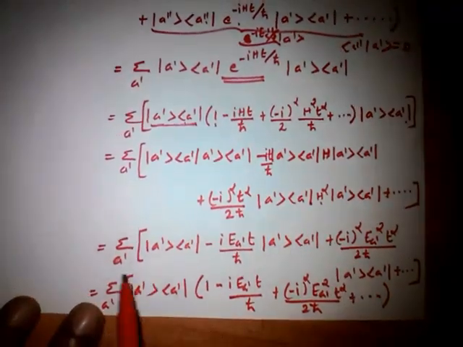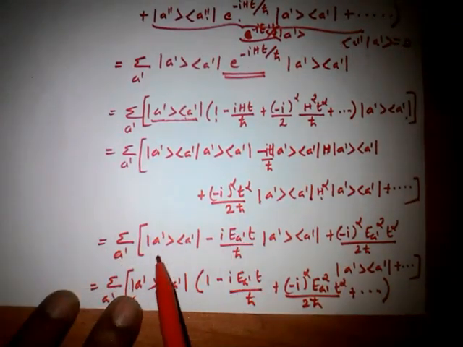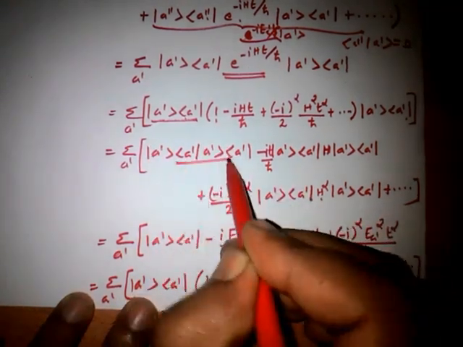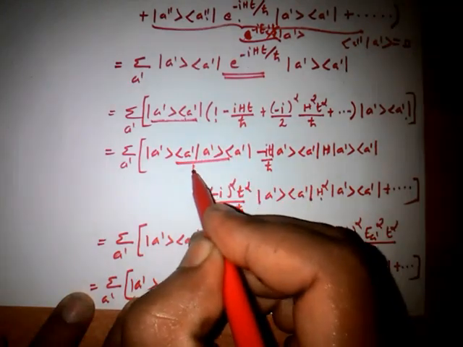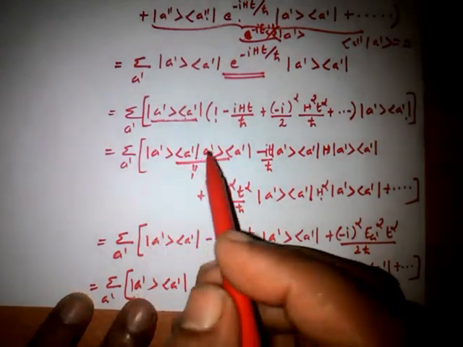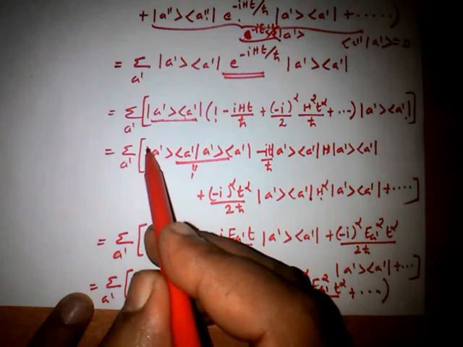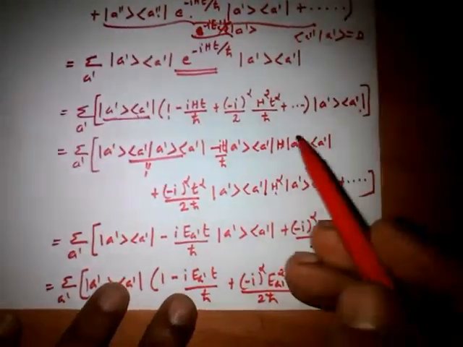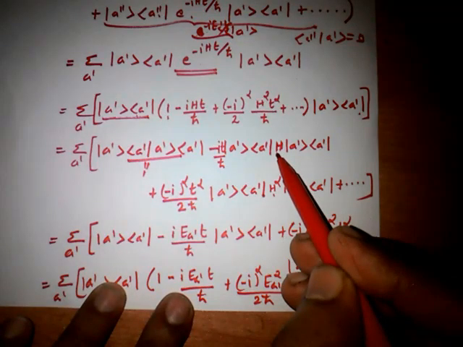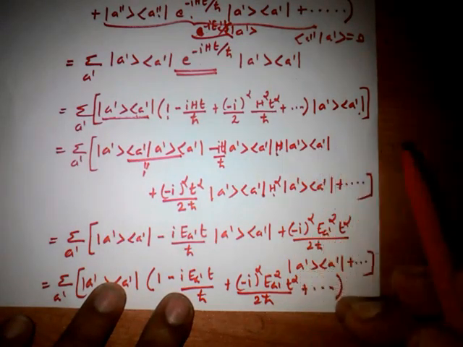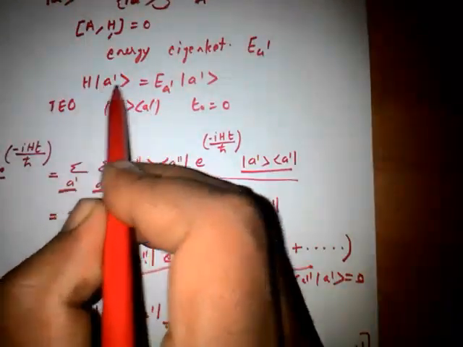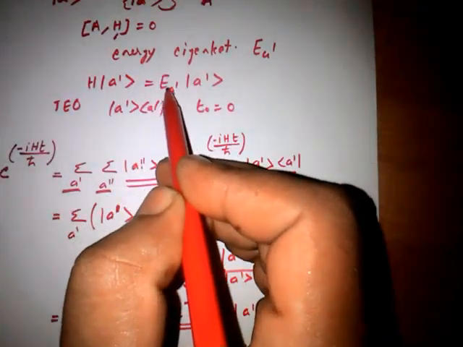That is equal to the sum over a dash of the outer product of a dash. This inner product of a dash equals 1. So we will get the outer product of a dash here, and remaining, minus, here also H is acting on a dash, and as in this equation, H on a dash will give an eigenvalue, the energy eigenvalue E a dash.